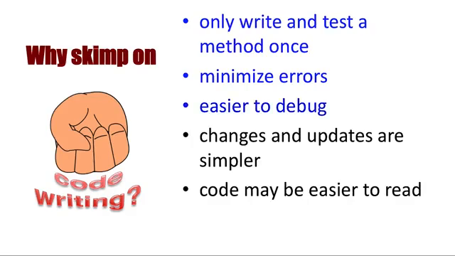Finding errors when there is only one place where each function is performed makes the problem easier to find. We don't have to keep track of where all the copies of that code appear in this program. If we want to change or update code in any way, there's also only one place we would need to go to do that. And finally, it makes our code more easily readable and traceable.